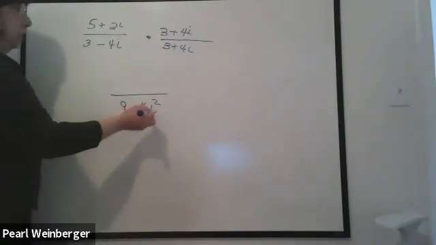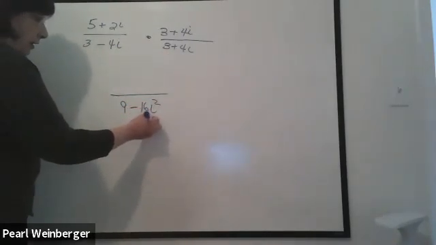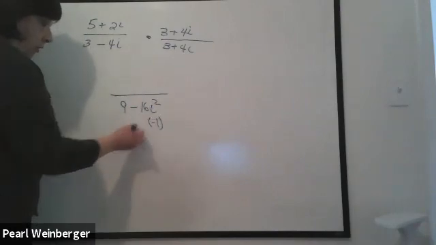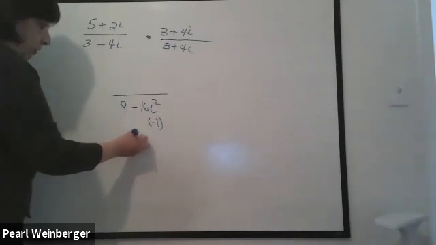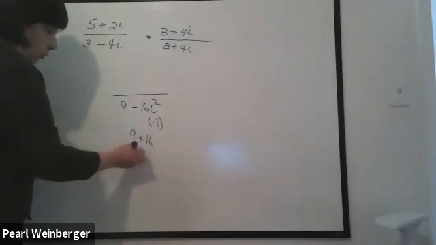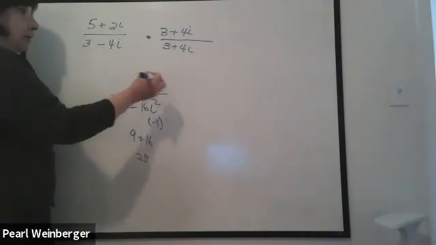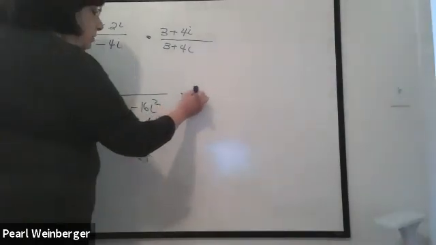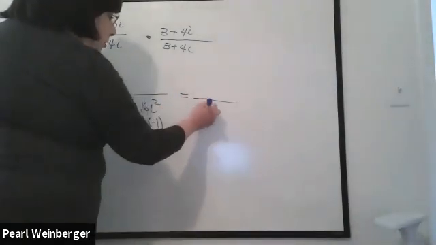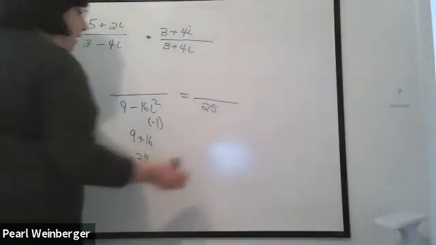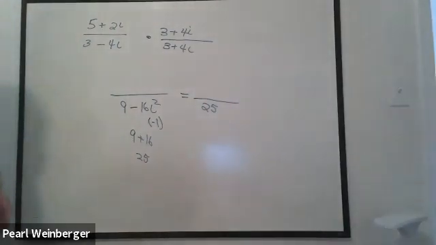And the i squared is negative 1. So this becomes 9 plus 16, or 25. Notice, by multiplying by the conjugate of the denominator, I end up with a denominator without any i at all. I end up with a rational denominator.